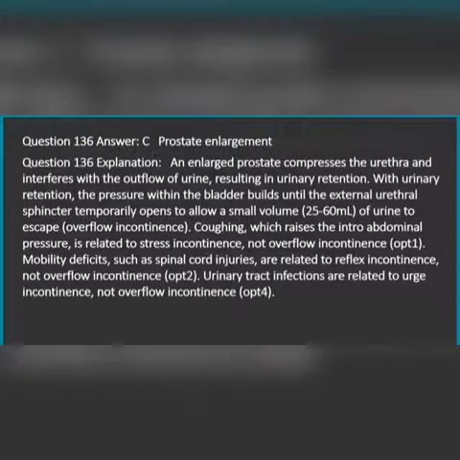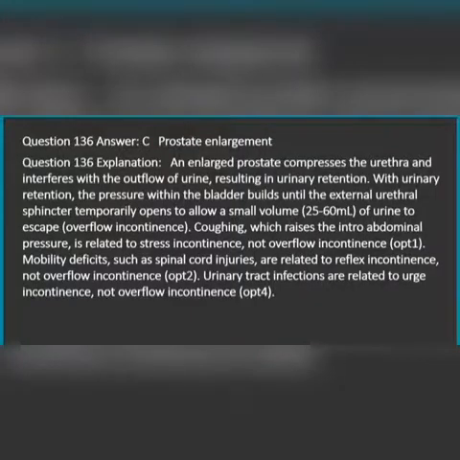Question 136. Explanation: an enlarged prostate compresses the urethra and interferes with the outflow of urine, resulting in urinary retention. With urinary retention, the pressure within the bladder builds until the external urethral sphincter temporarily opens to allow a small volume, 25 to 60 milliliters, of urine to escape. Overflow incontinence.